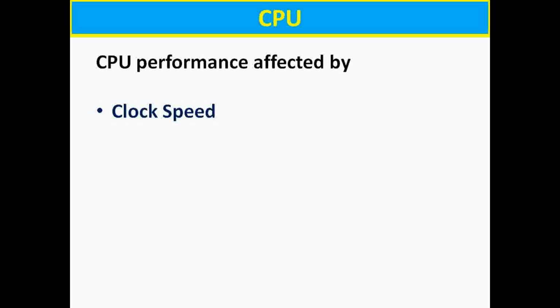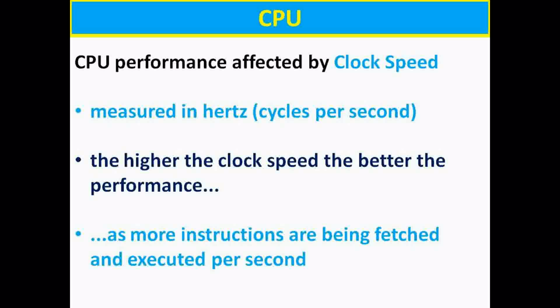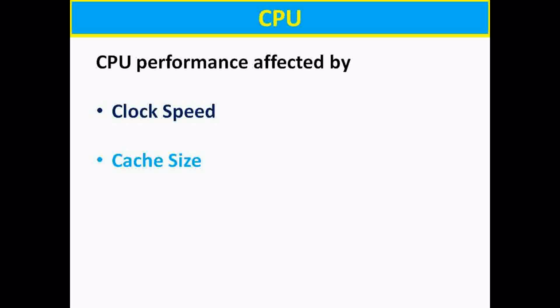The performance of the CPU could be affected by clock speed. Clock speed is measured in hertz, which means cycles per second, and that means how many instructions the CPU is fetching, decoding, and executing. The higher the clock speed, the better performance, as more instructions are being fetched and executed per second. CPU is also affected by cache size.